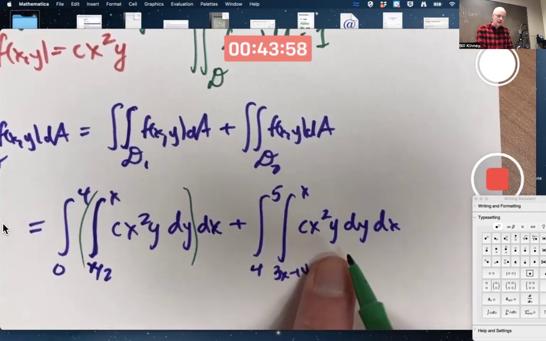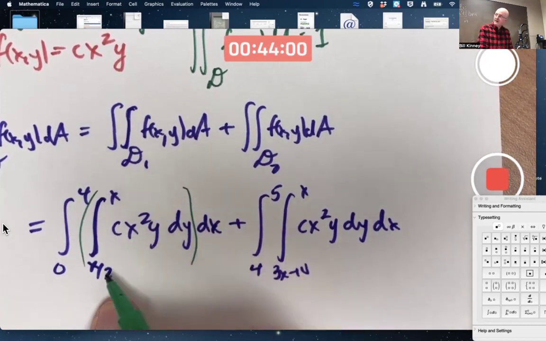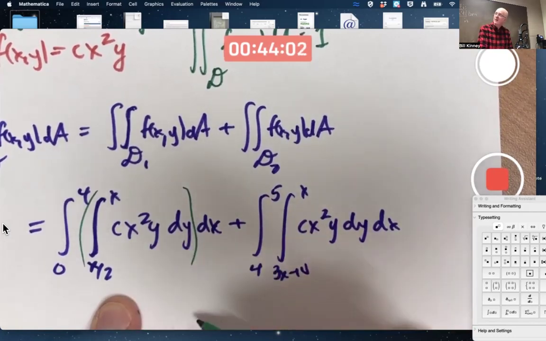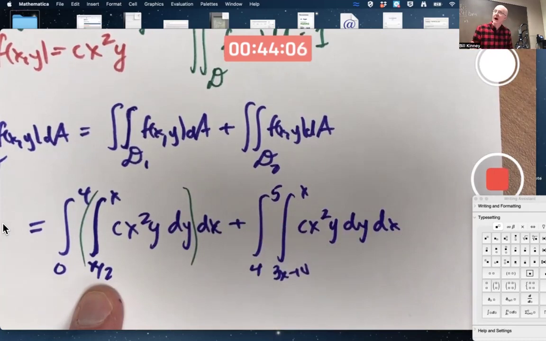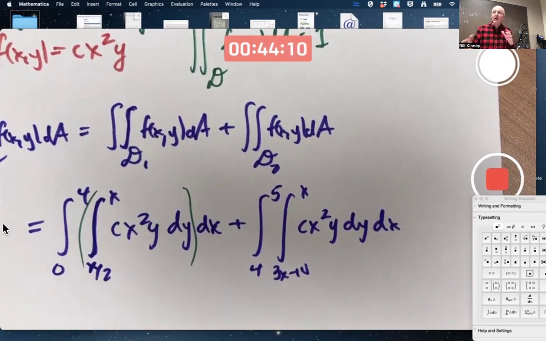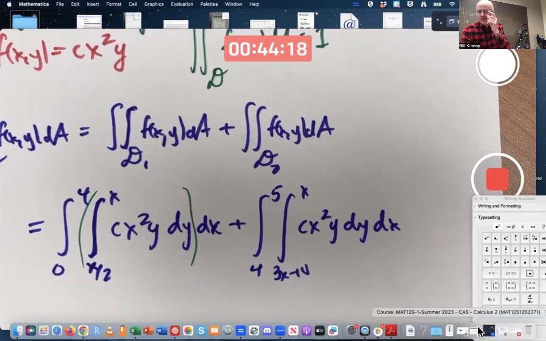Something similar will happen here. But then I've got limits of integration that depend on x. When I evaluate that, I'll go from y equals x over 2 to y equals x. I will replace the y with x over 2 and x. You'll be doing squaring and you'll be doing a subtraction as well by the fundamental theorem of calculus when you do that. Don't have time to do that by hand.